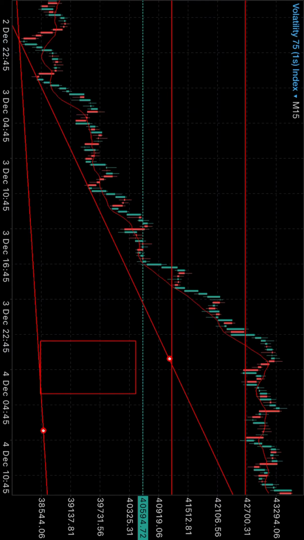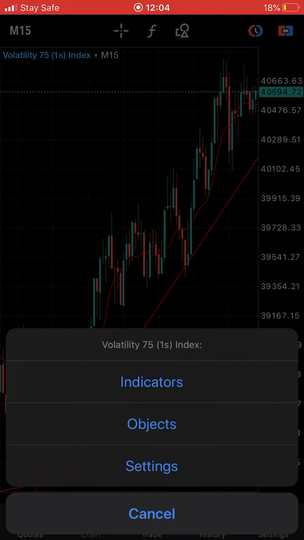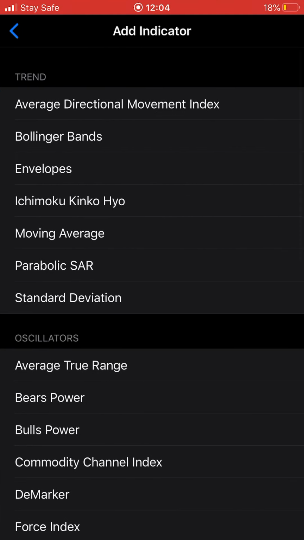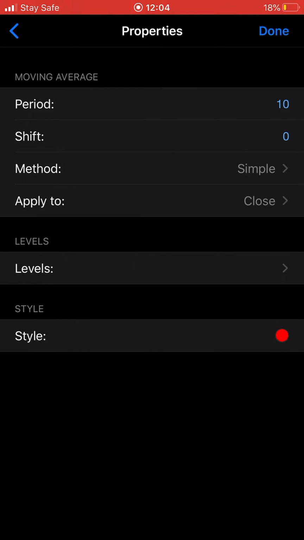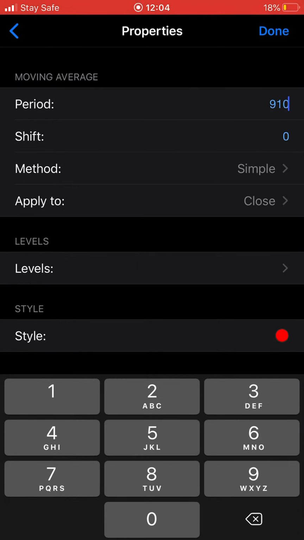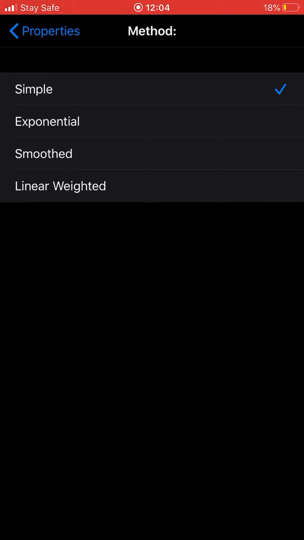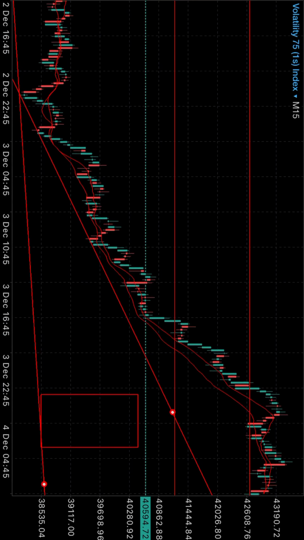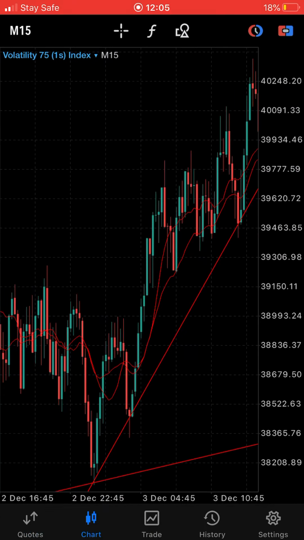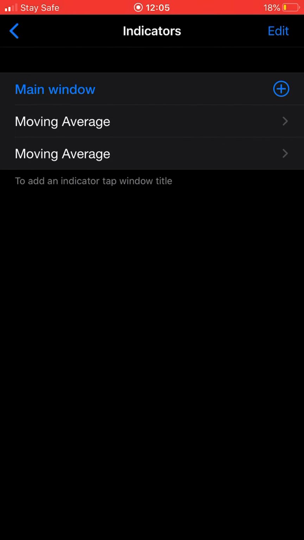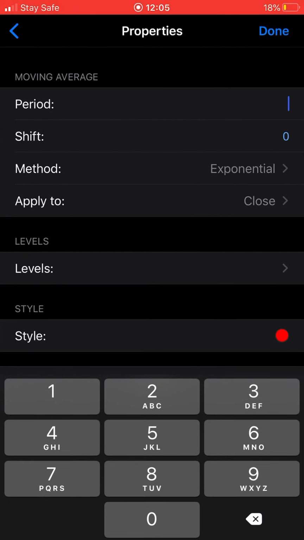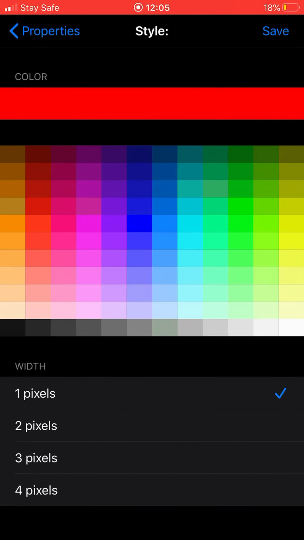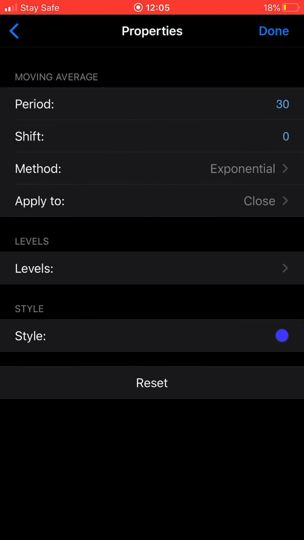As you can see, it's moving up. You can add a second moving average line to confirm the trend of the market for you. Let's make this 20, 30, change this to blue, save.